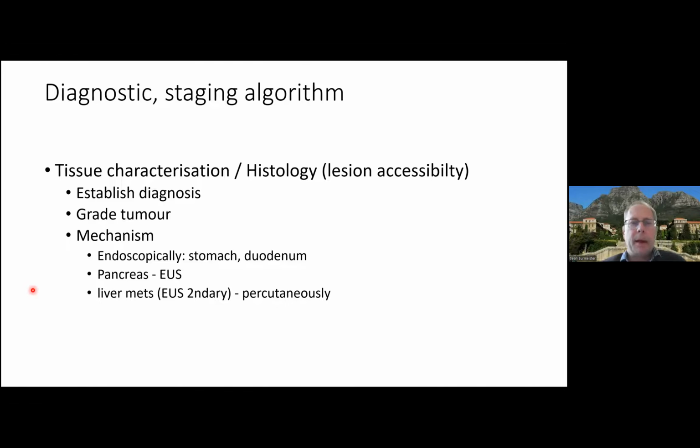Okay, important aspects around the tissue characterization and histology. So obviously histology is important to establish the diagnosis, but also to grade the tumor. The way we typically do it, as far as pancreas is concerned, would be endoscopic ultrasound.